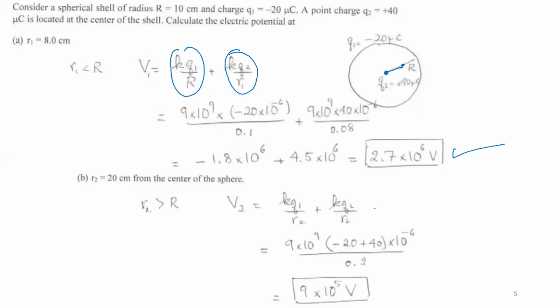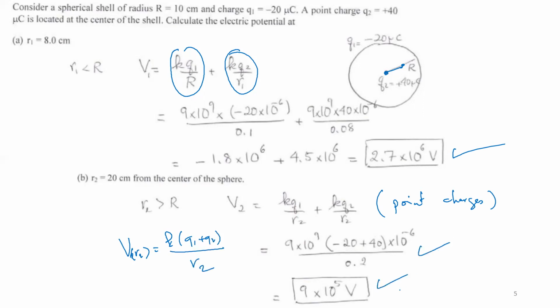Outside, both of them behave like point charges. So V at r2 is just k times Q1 plus Q2 divided by r2, and this is what we did here, and you get it.